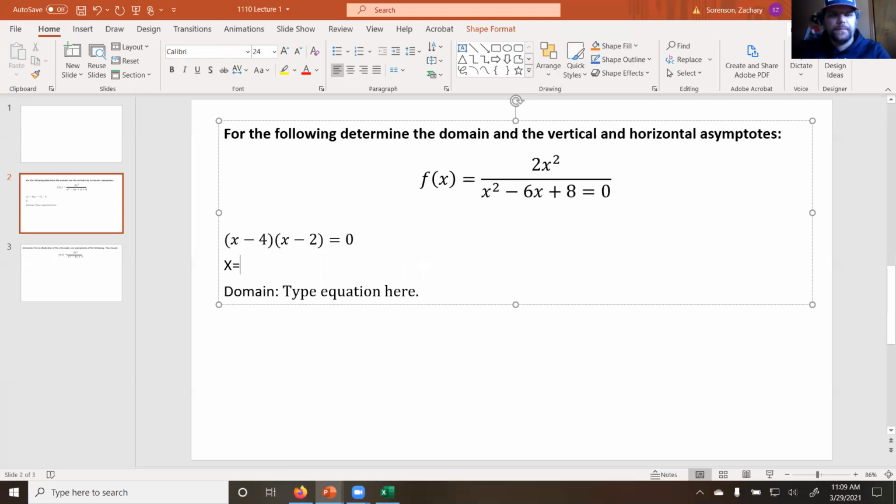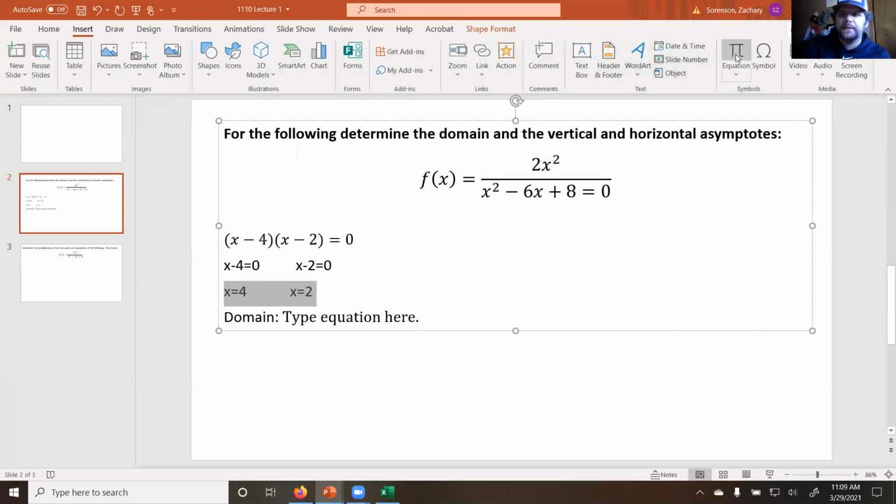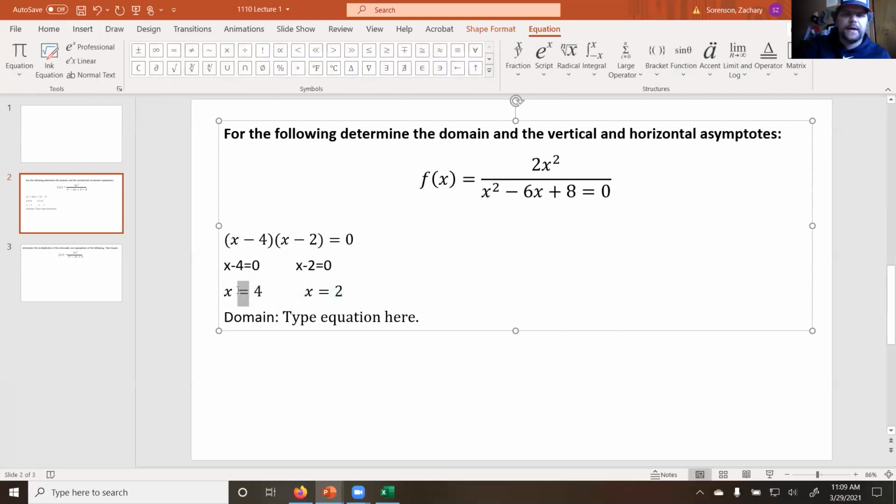If you're pretty good with solving factored equations, you've done a lot of these. Honestly, this next step is sometimes not the most necessary because if x minus 4 is equal to 0, it's just basic arithmetic. You add 4 to both sides, so x is equal to 4, and x is equal to 2. Now, these are the things that x actually can't be. So x cannot be +4, and x cannot be +2.